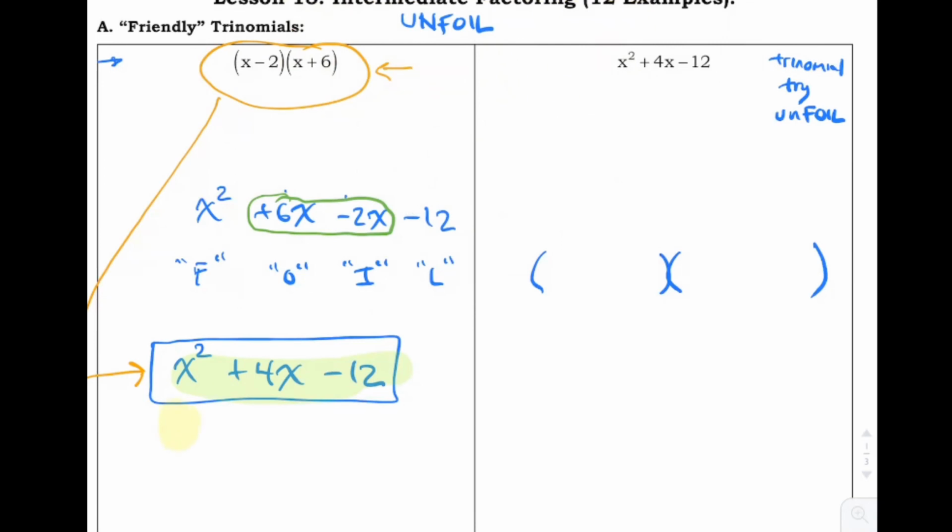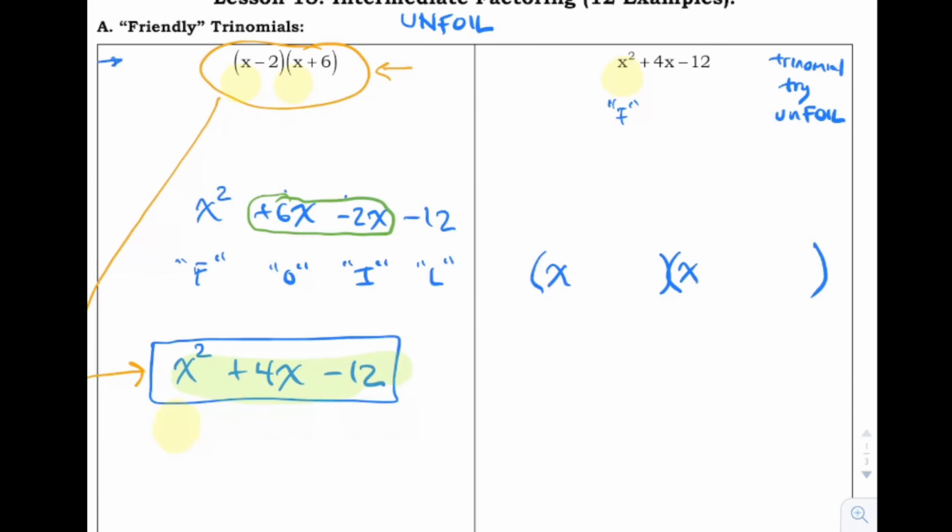How did we get the x squared? We got the x squared by multiplying the x times the x here. How do we get this x squared? I'll bet you it's going to be by multiplying the x times the x here. In other words, the x squared came from multiplying the 2 first positions, x times x like that.